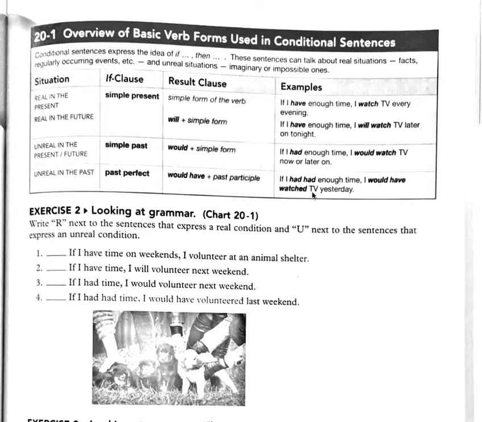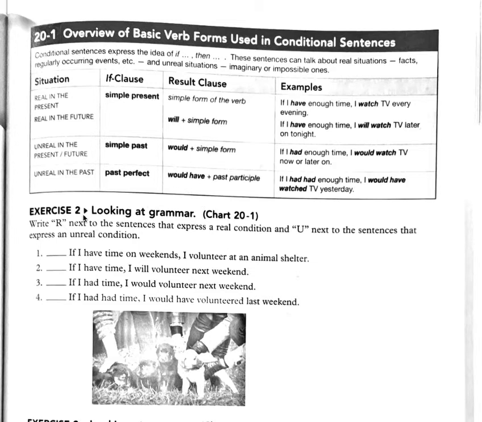Or if I had had enough money, I would have eaten dinner at a restaurant every day or every night last week. The fact is, I didn't have enough money to eat out every day last week. Okay? So you have to look at the if clauses and the result clauses to make sure what form of the verbs you're going to be using in the if clauses and the result clauses.